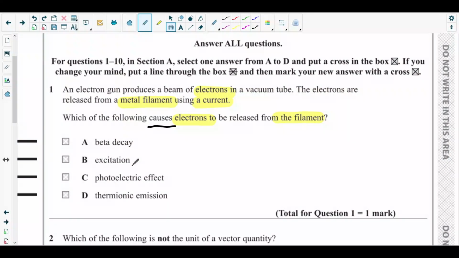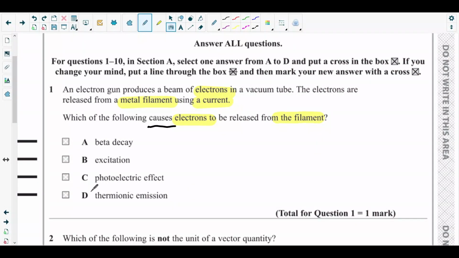Excitation was so close, but for excitation the electron will just change its energy level. So B is not the answer. Then photoelectric effect is also close, but it is not the answer, because for the photoelectric effect there should be presence of photons, that is light, but here there's no presence of light, so definitely C is not the answer.